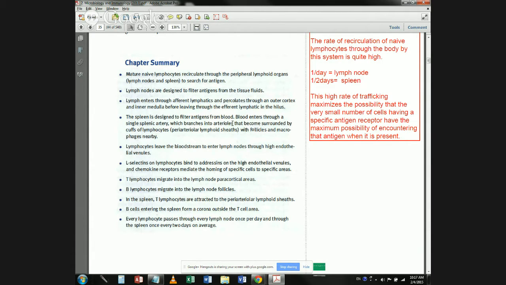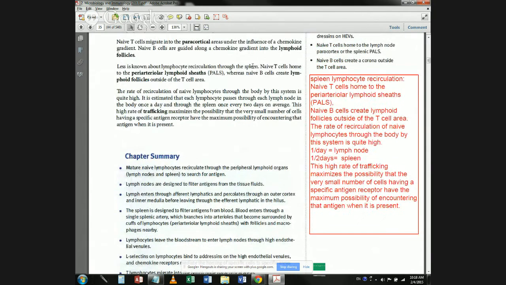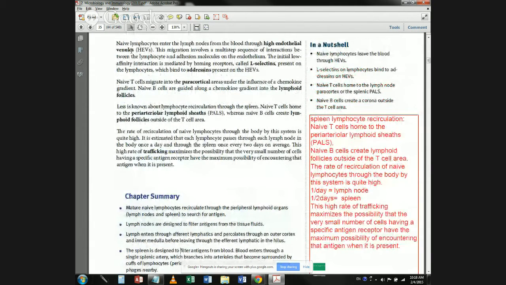Lymphocytes leave the bloodstream to enter lymph nodes. So once the blood gets to the lymph node, these lymphocytes leave the blood and enter the lymph node. Perhaps they use their own L-selectins and, well, they said blood has addressins. They use the word high endothelial venules.